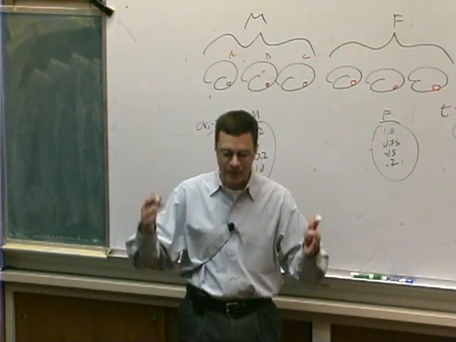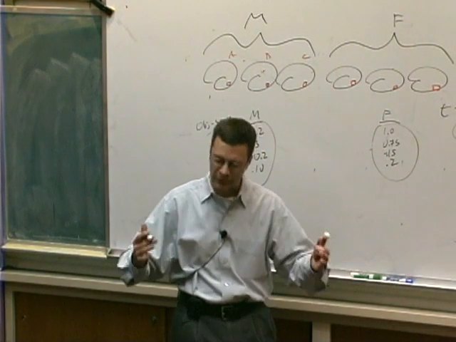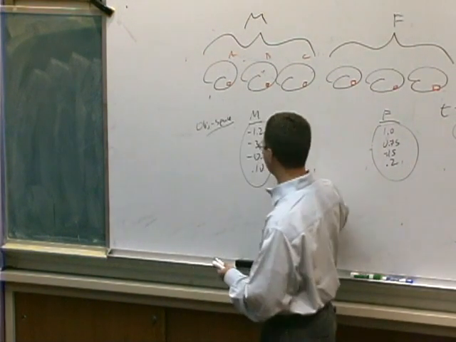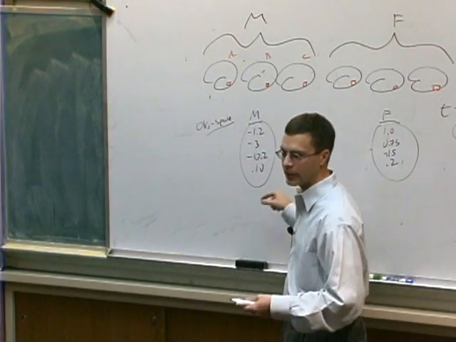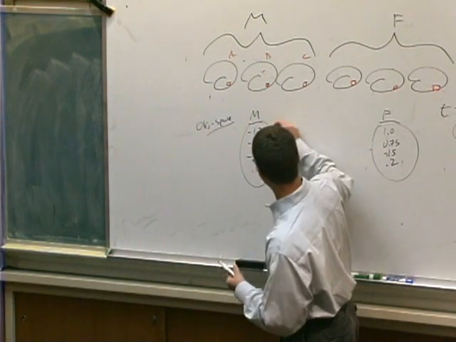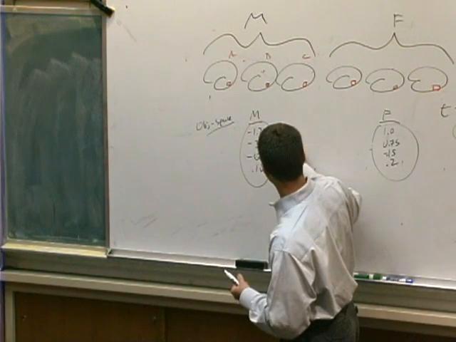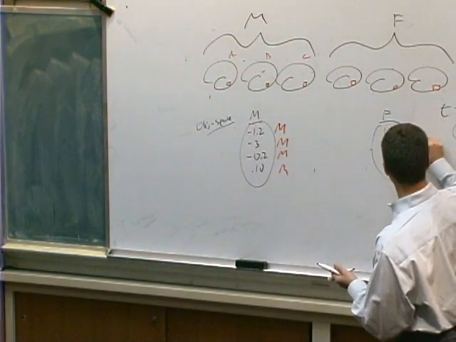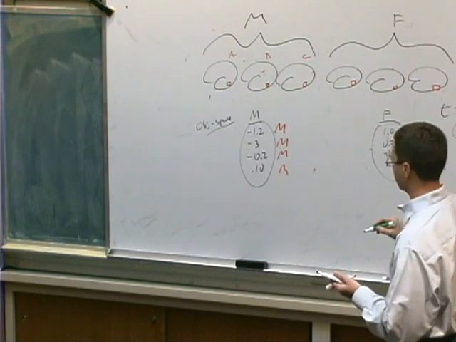Okay? If it were the case that there really was no difference between men and women, it really wouldn't matter how I assigned the label of male or female to any one of these measurements I obtained, right? So what I have here is this measurement came from a guy, man, man, man, and these measurements came from female, female, female, female. Okay?